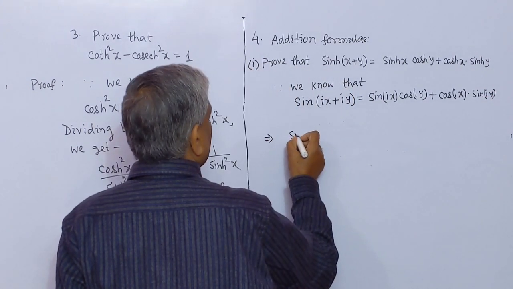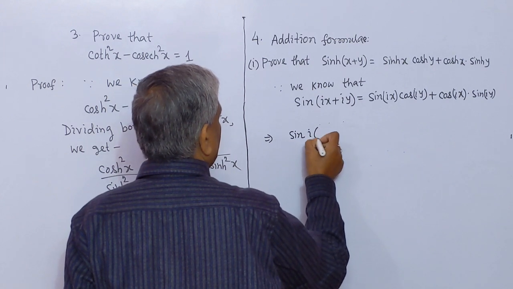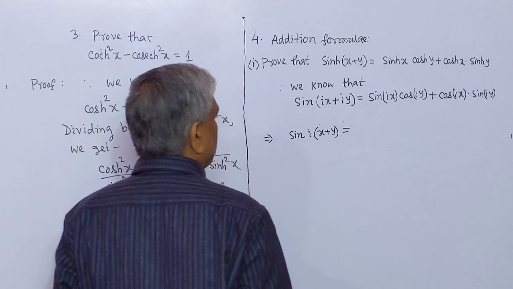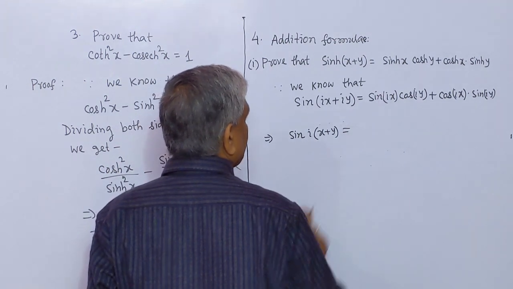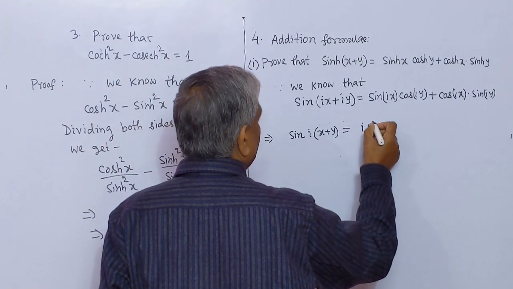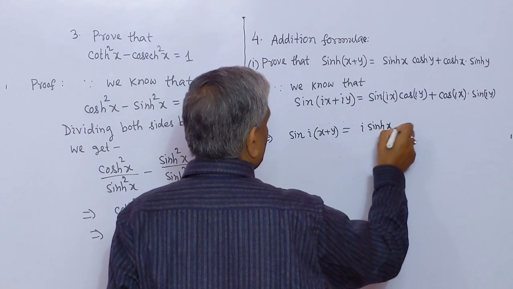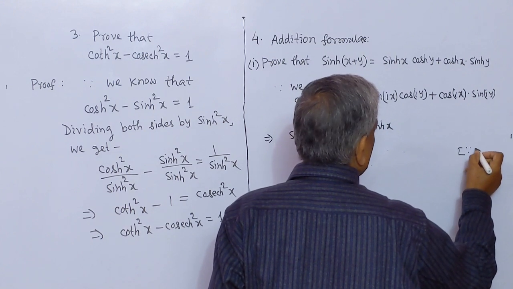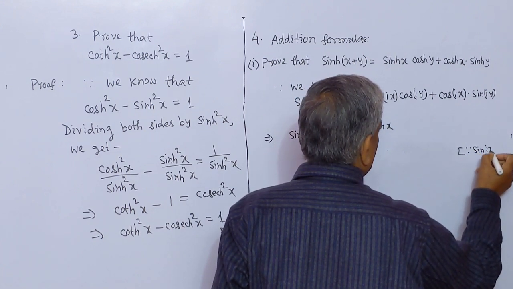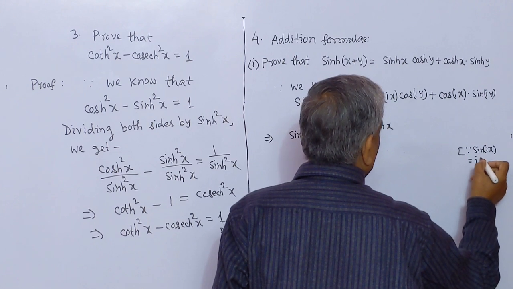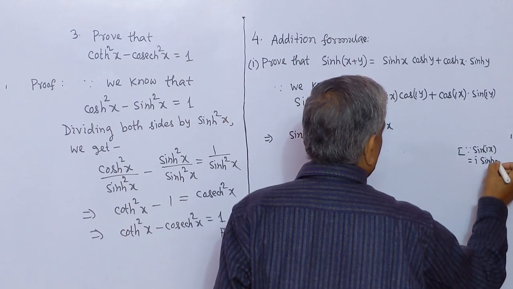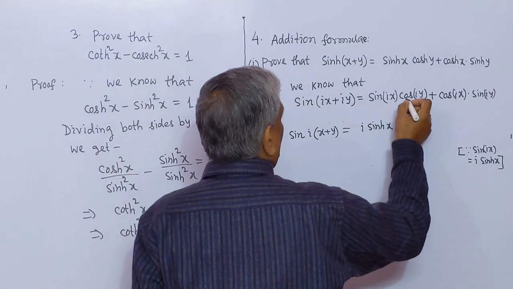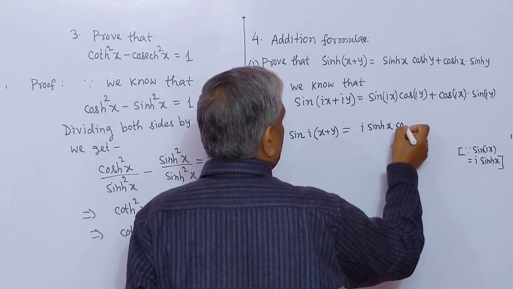This implies that sin i times x plus y equal to, here we have sin ix, which means i sinh x. Since sin ix equal to i sinh x, here cos iy is cosh y.